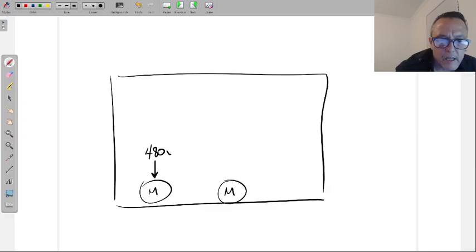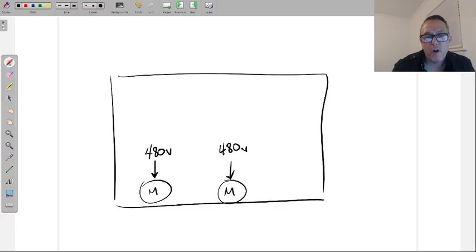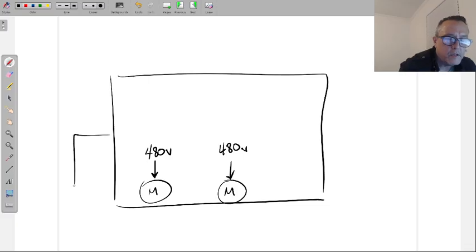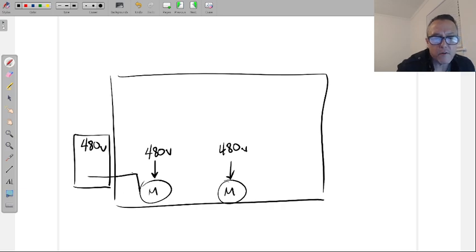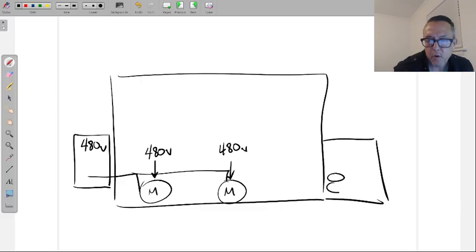All right, so motors like to work off of 480, and we'd like the electrical systems that power motors to be 480 volts. So this is an electrical system, meaning the panel that services these motors has 480 volts in it, and then all of our motors are fed from it. But inside these buildings, you also have an office where a person needs a normal receptacle.